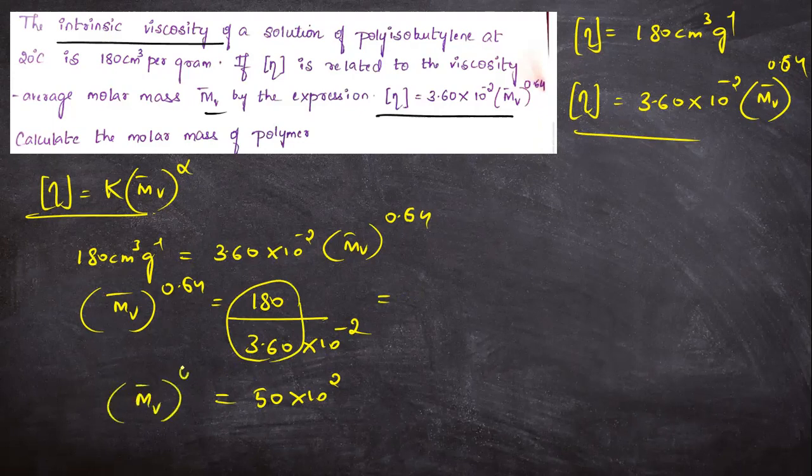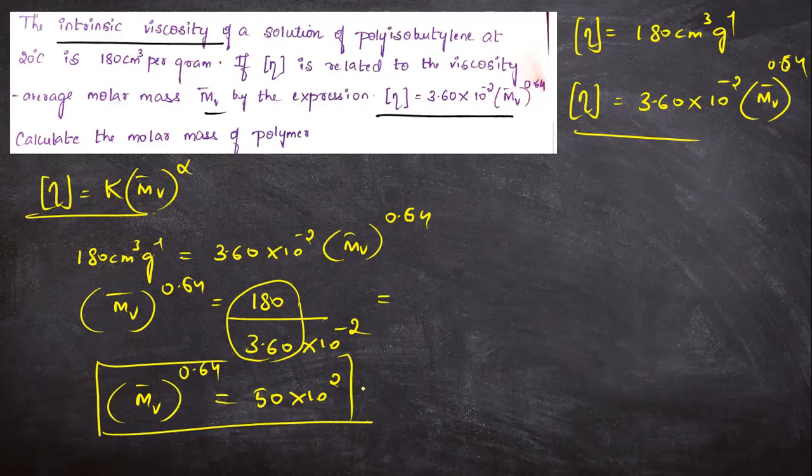So now the question is how to solve this, and is it possible to solve if such a question is asked in NET? So guys, I will tell you, definitely such type of questions won't be asked in the NET examination, because solving this type of question is quite difficult without a calculator.